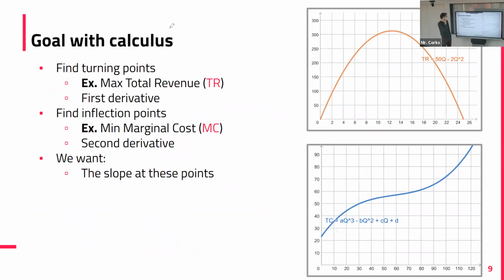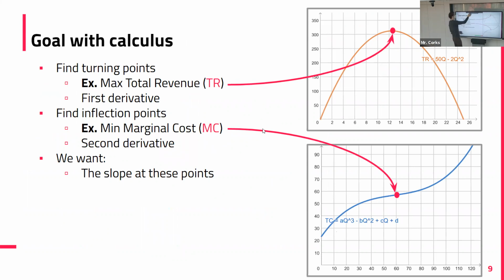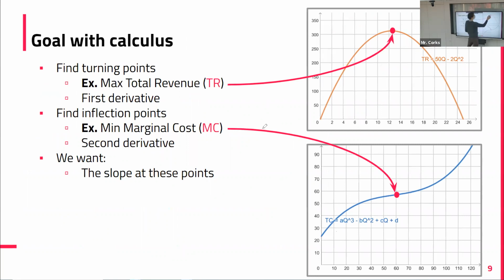All right, some review, and then we'll get on with some more examples. To remind you, this is the reason that, at least for now, we're talking about calculus. A maximum of a total revenue curve like that, or the most efficient minimum possible slope of a total cost curve like that.